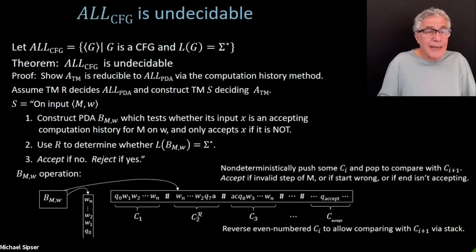So the pushdown automaton is not able to check in the positive sense that you have a computation history. It's only able to check in the negative sense that you don't have a computation history and accept all the ones that fail. And that's just because it only has to fail in one place. I hope that helps. So that's why we couldn't flip this around and make this proof work for the emptiness problem. It only has to work for the everything problem, the all problem.